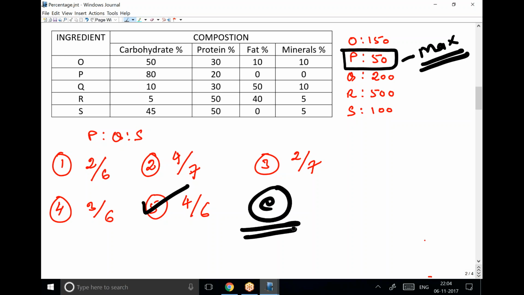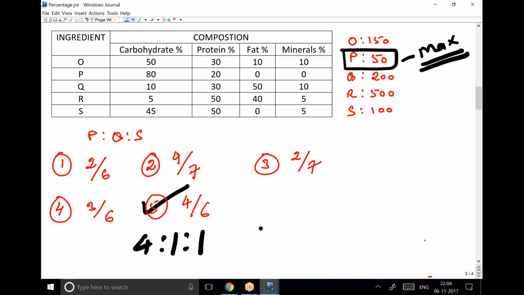Now when you got this, just go back and verify whether we are fulfilling all the given data or not, because they're looking for 60% carbohydrate. So when they're looking for 60% carbohydrate and they are saying we are going to add in the ratio of 4 is to 1 is to 1, to see whether it is 4 is to 1 is to 1 or not, if you take P here, 80% is carbohydrate, and when you take Q here, it is 10% carbohydrate.